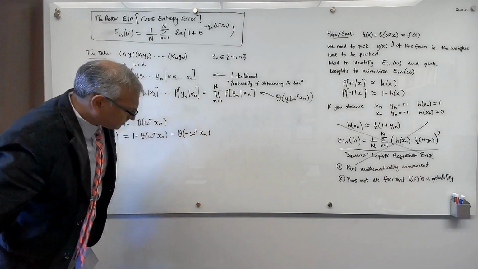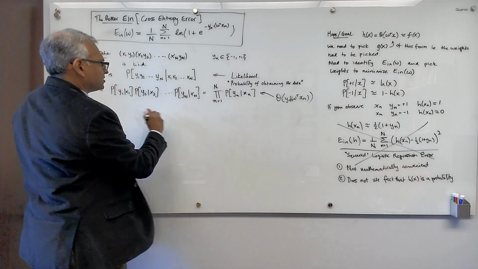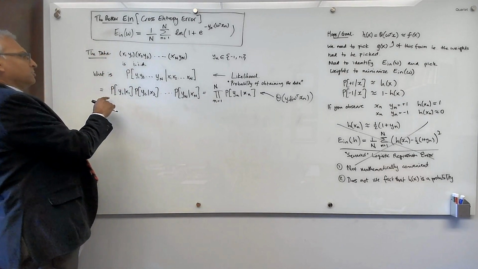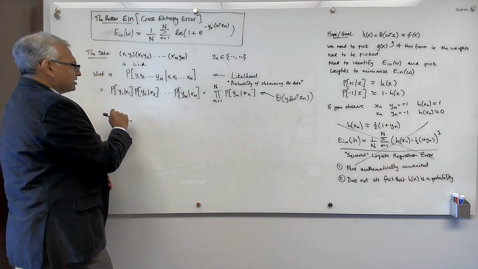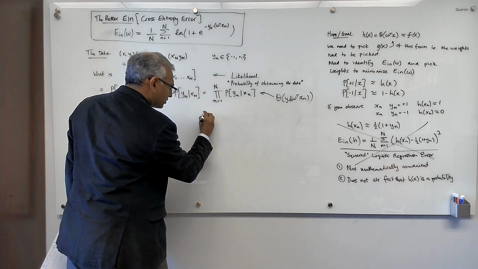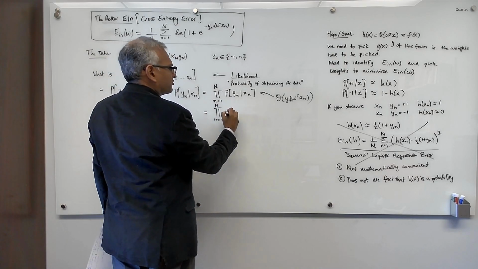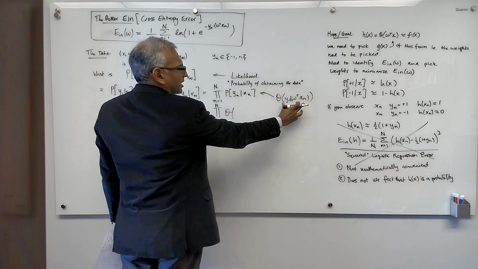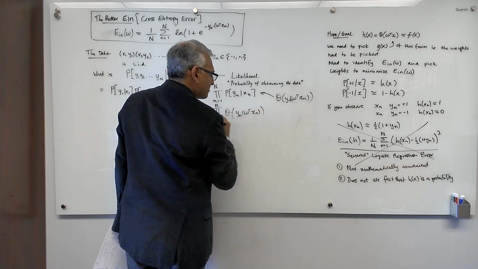So let's erase that justification. The probability of observing the yns for these particular xn's that were generated is the product of the probabilities, which is equal to the product of theta evaluated at yn W transpose xn.